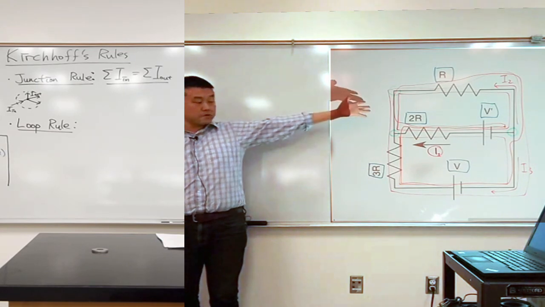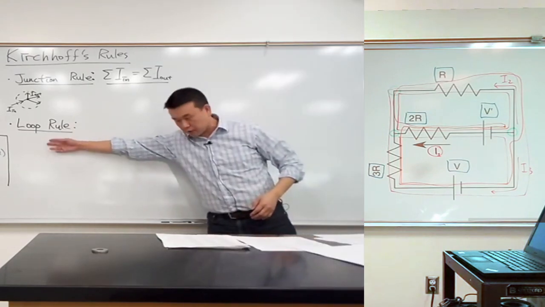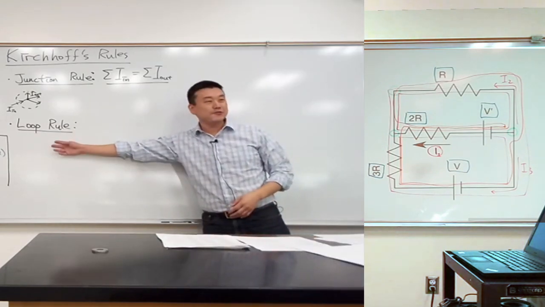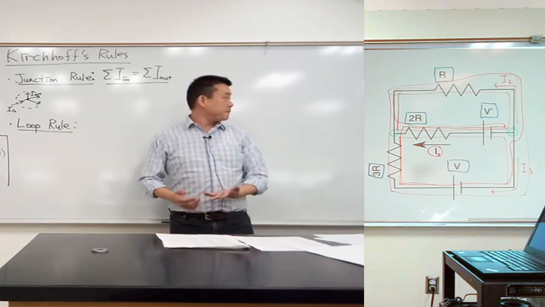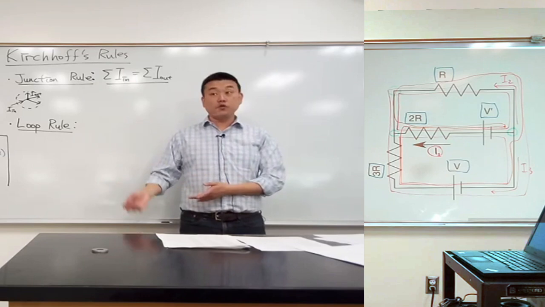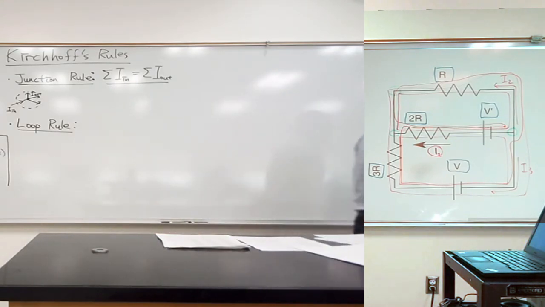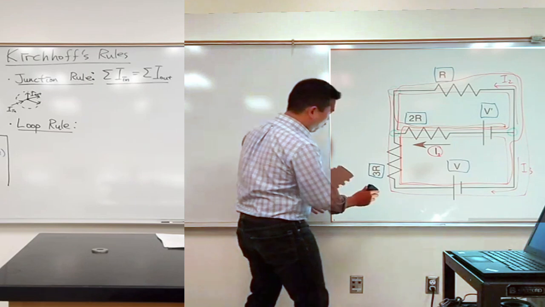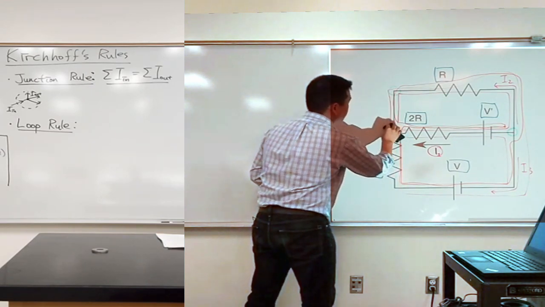So when we talk about the loop rule in Kirchhoff's rules, it's that kind of loop it's referring to. So let's just be difficult, and let's say we are talking about the orange loop that I drew, not any of the other saner loops that are here.